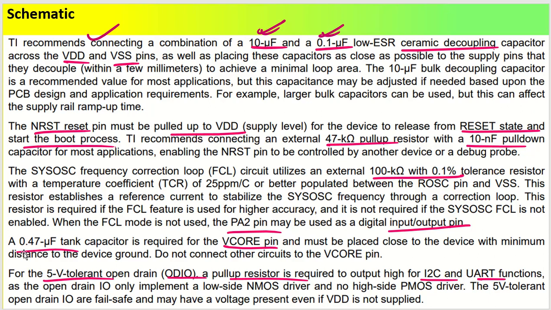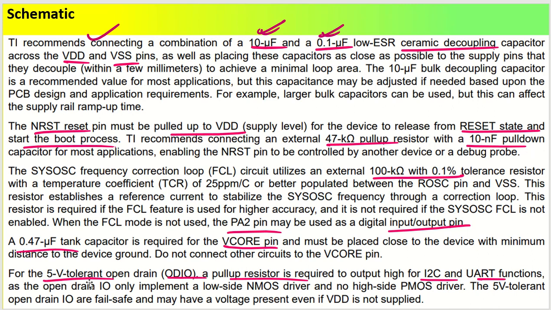Then we have to attach one 0.47 microfarad tank capacitor, which will be required for your V-core pin, and must be placed as close as possible to the device, with a minimum distance to the device and ground. And there should not be any other circuit connected to be driven by this particular voltage. We must understand that on the V-core pin only a capacitor has to be connected to ground, and there should not be any loading on this particular output.